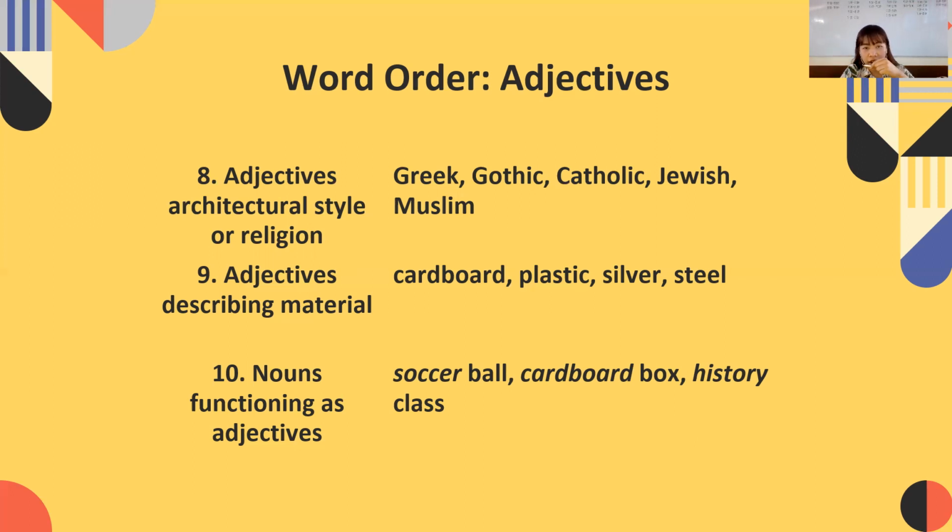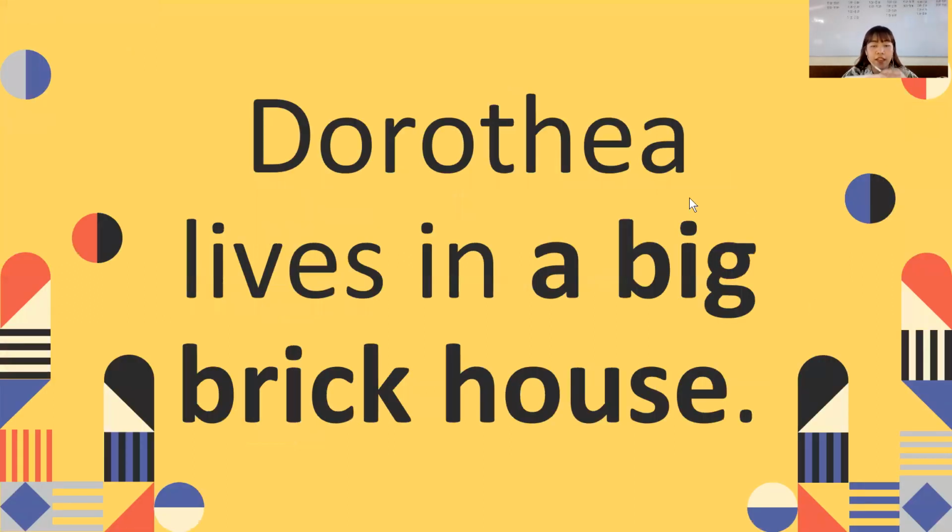We have history class, English class, mathematics class, politics class, and so on and so forth. So that is the word order for adjectives that we will follow in our discussion. We have the following examples as well to further illustrate how word order works for adjectives.